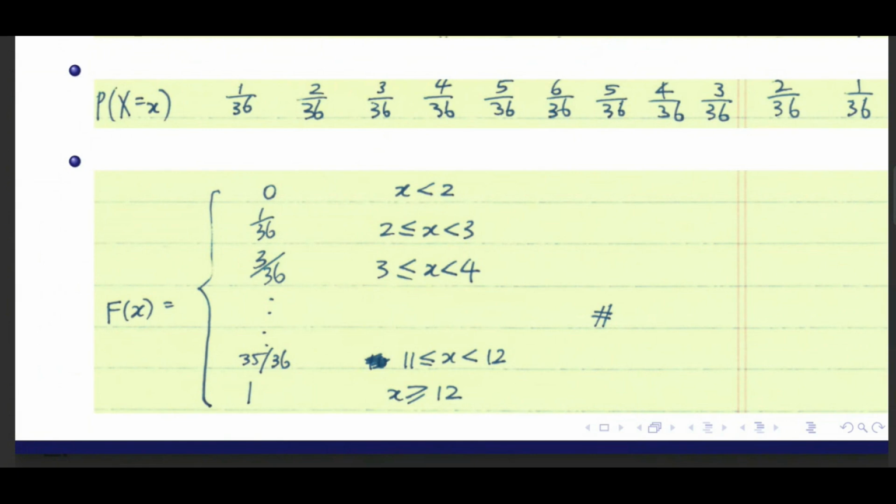I hope you are not confused about why these have less than. That's not the CDF, this is just a range. The CDF definition has to include the value that you are considering. That's the definition of the CDF. These ranges can be anything you want, as long as you cover the whole line.